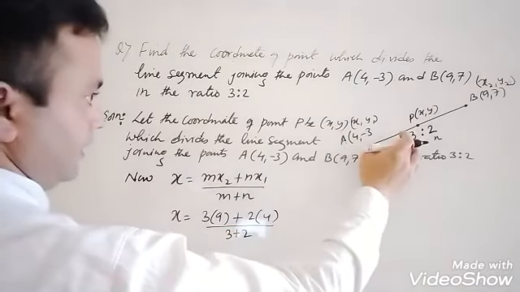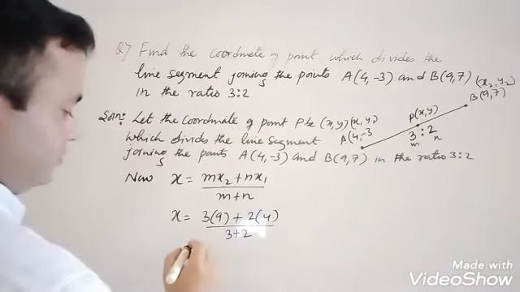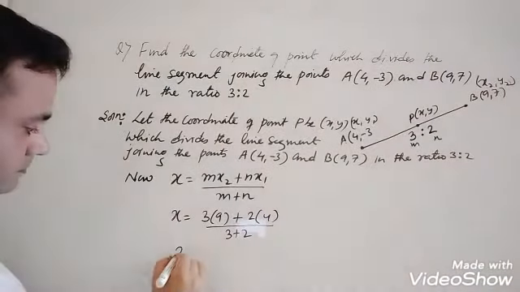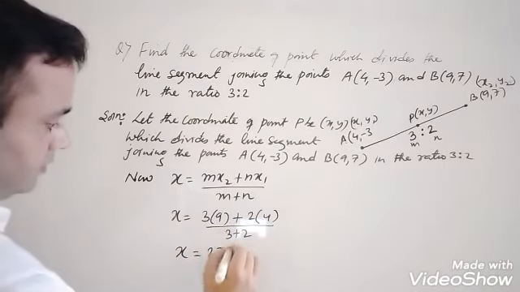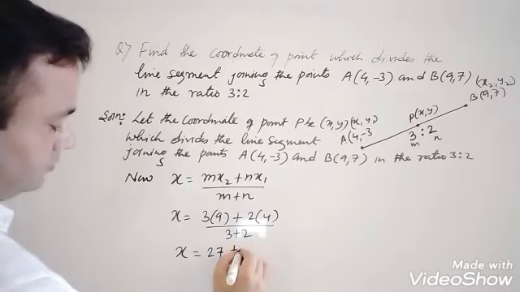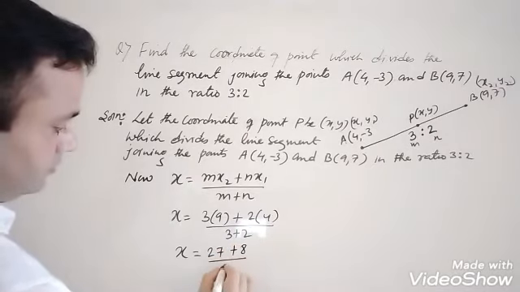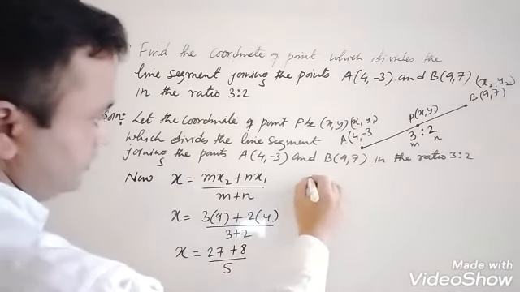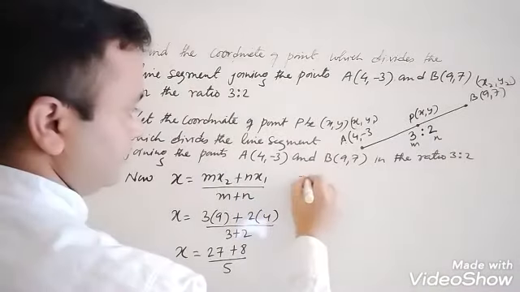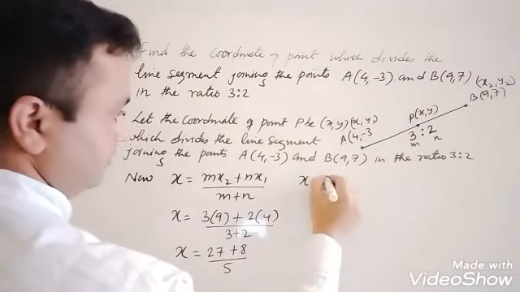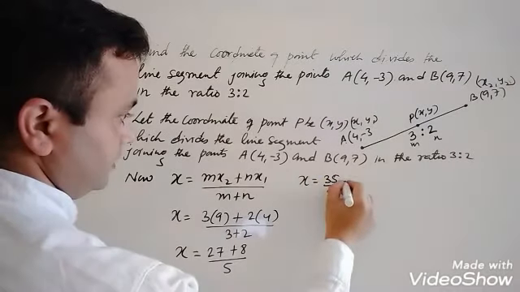So x equals 3 into 9 is 27 plus 2 into 4 is 8, divided by 5. So x equals 35 by 5, which equals 7.